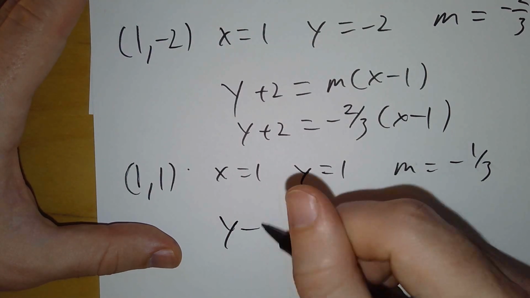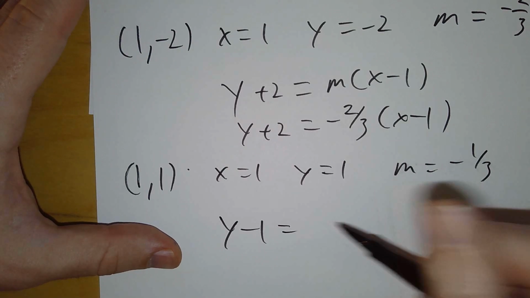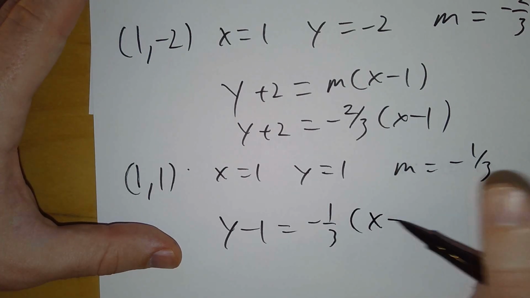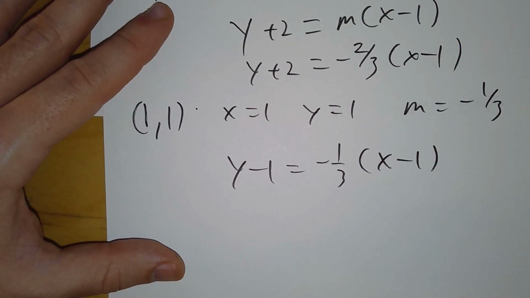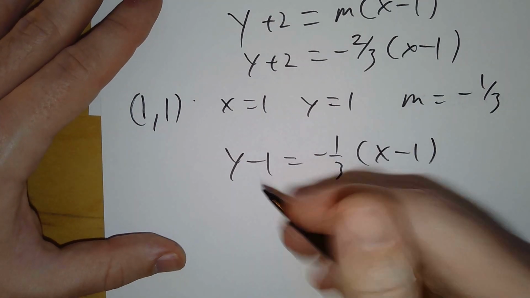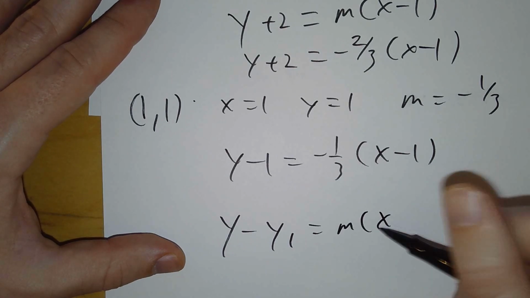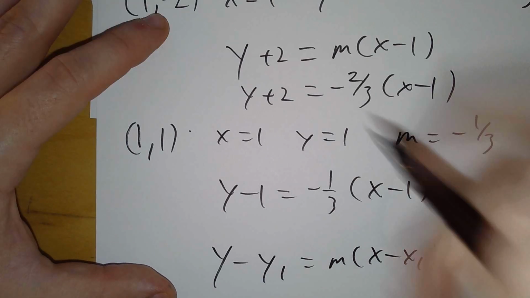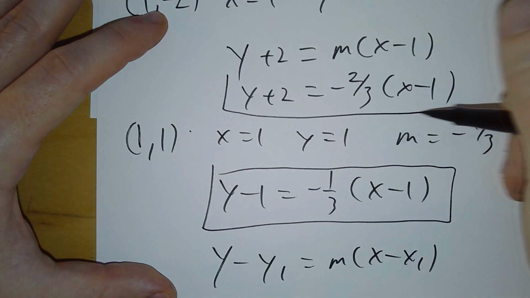It's going to be y minus 1 equals negative 1/3 times x minus 1. So again, the formula that I'm using here, I didn't specify this, but the formula that I'm using is y minus y1 equals m times x minus x1. So my answers, final answers, would be this one and this one.